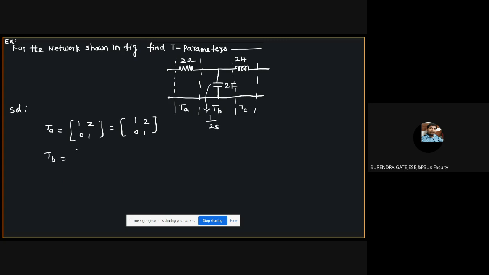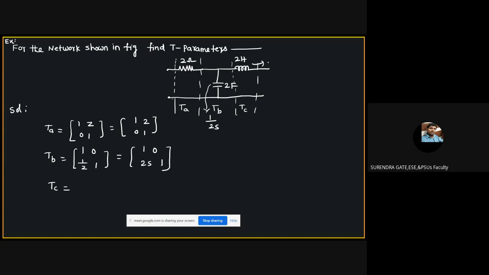For a parallel branch the matrix is 1 0, 1 by Z 1, so it is 1 0, 2S 1. This is TB.